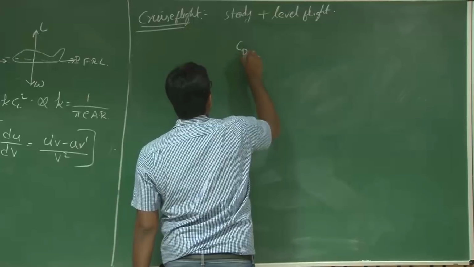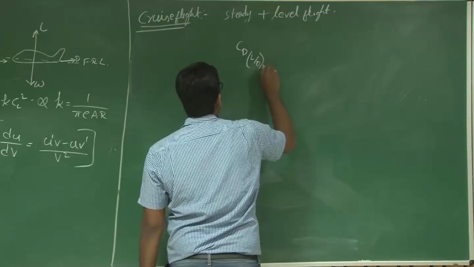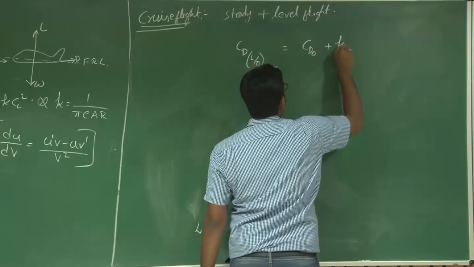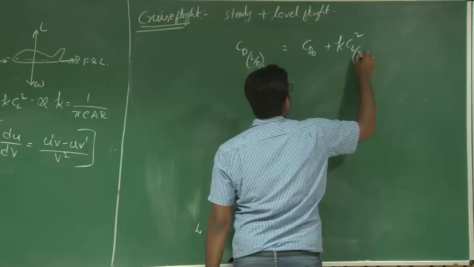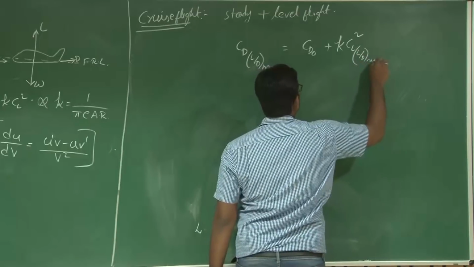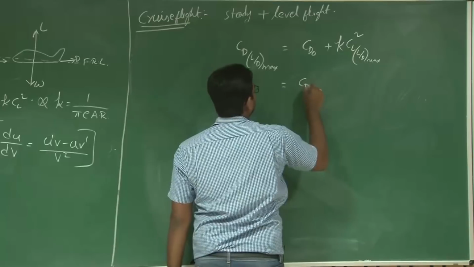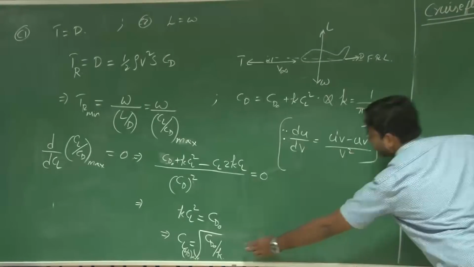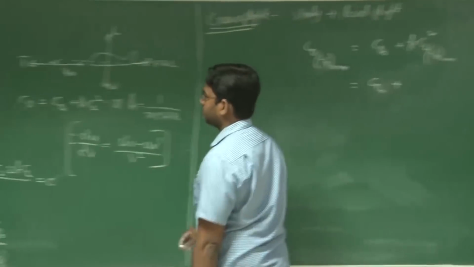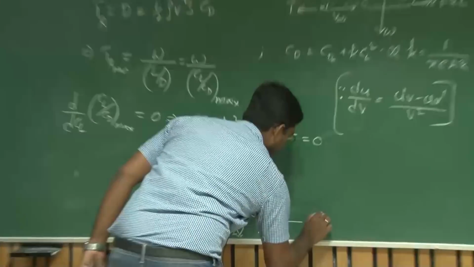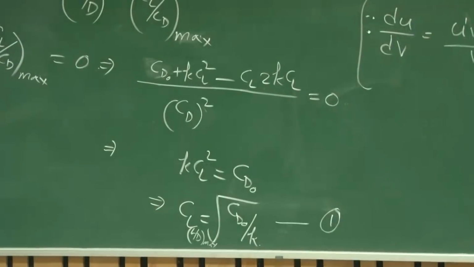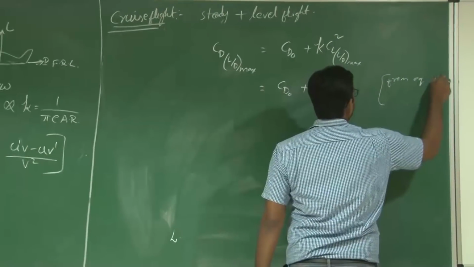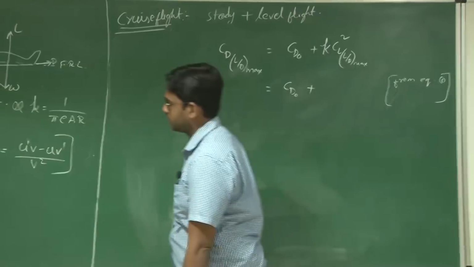Now what will be the CD for L by D max? CD is equal to CD naught plus K into CL square, with CL for L by D max squared. This is equal to CD naught plus K into CL for L by D max, which is CD naught by K, from equation 3, or say C3.